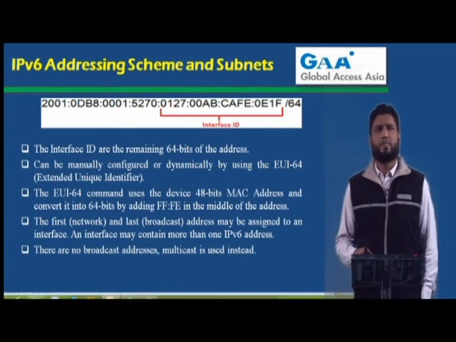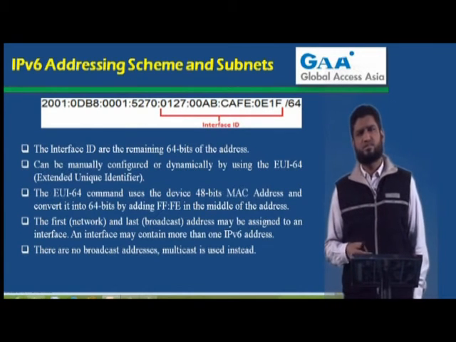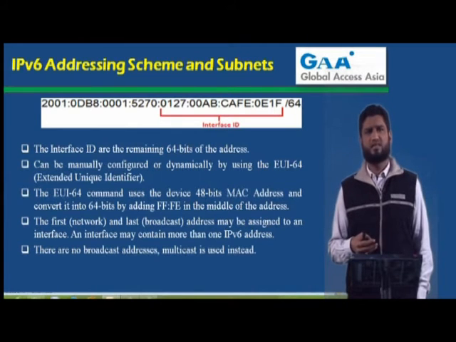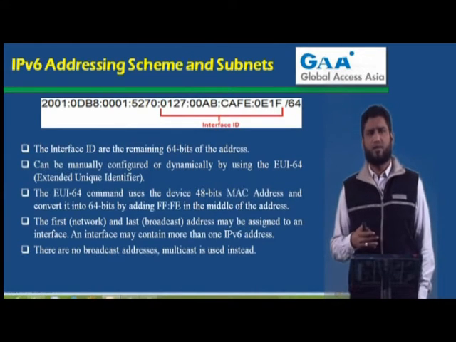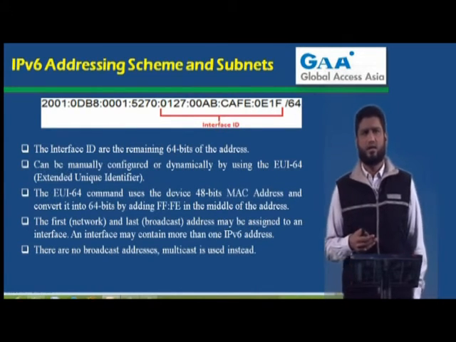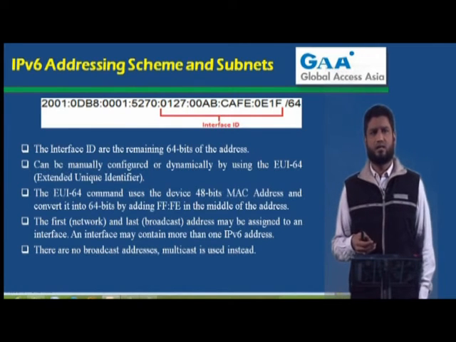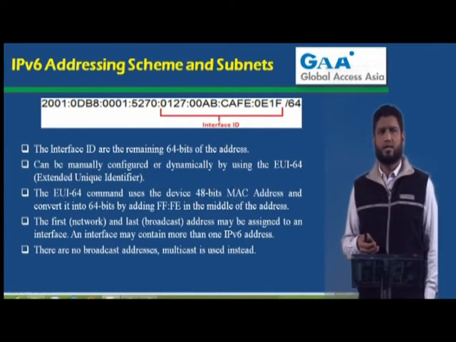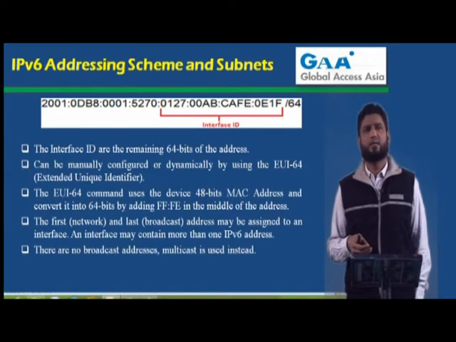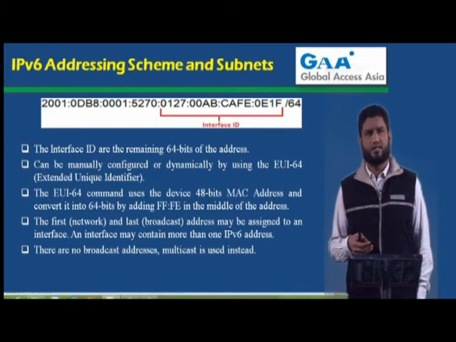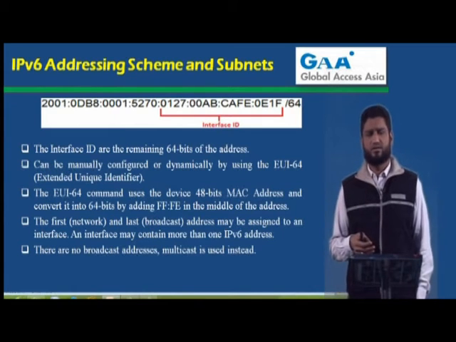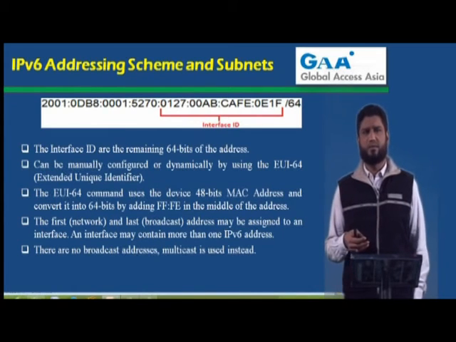Okay, so IP address scheme and subnets. If we discuss this, the very important part is the interface ID. The interface ID, or the remaining 64 bits of the address, can be configured manually or dynamically by using EUI-64, the Extended Unique Identifier. The EUI-64 command uses the device's 48-bit MAC address.